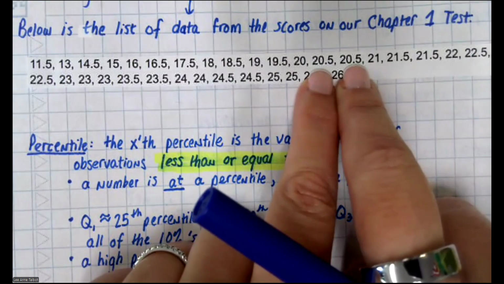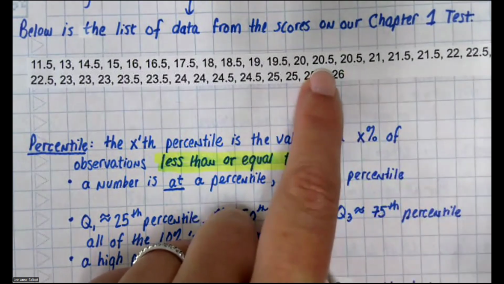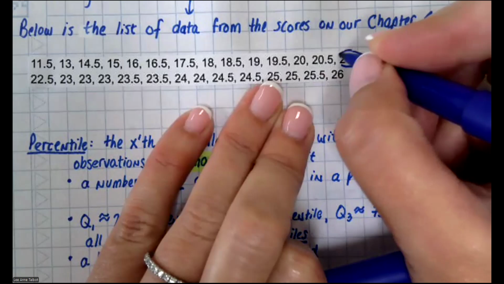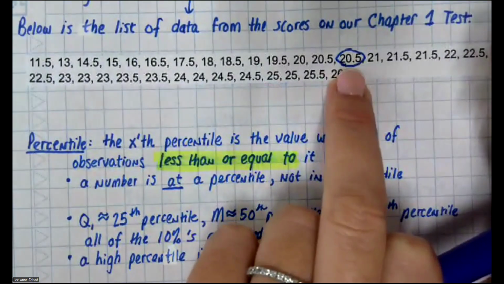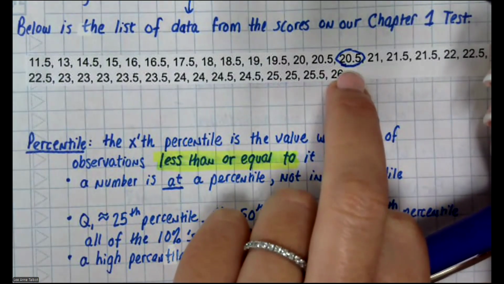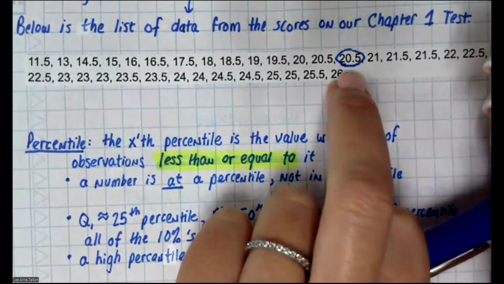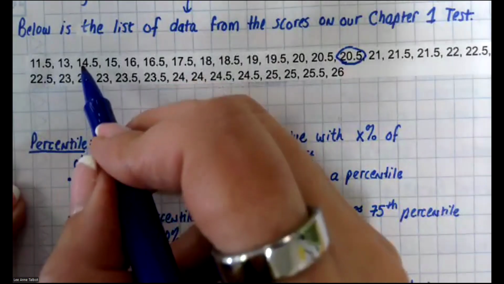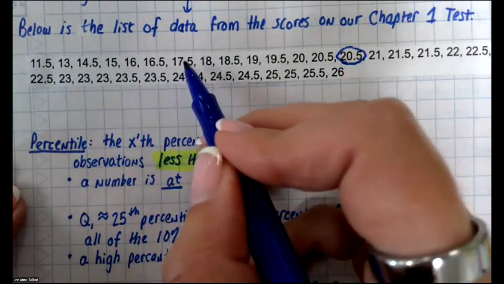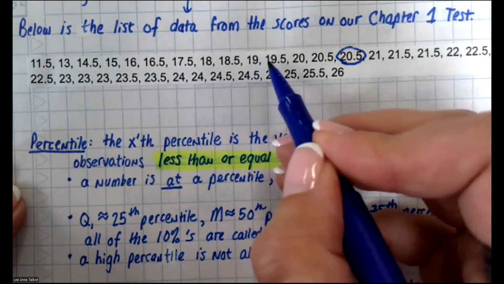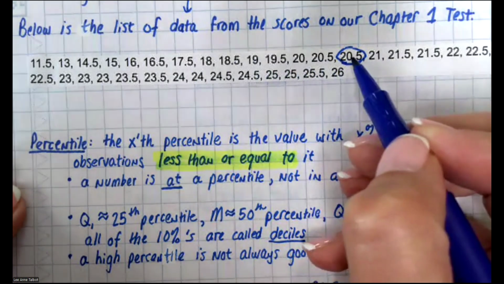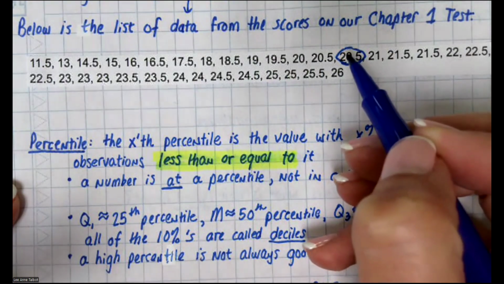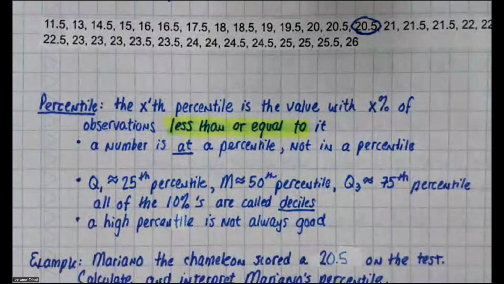Since it says less than or equal to, we assume it's the second one because we need to count everything less than or equal to. So 1, 2, 3, 4, 5, 6, 7, 8, 9, 10, 11, 12, 13, 14. 14 scores are less than or equal to Mariano's score.